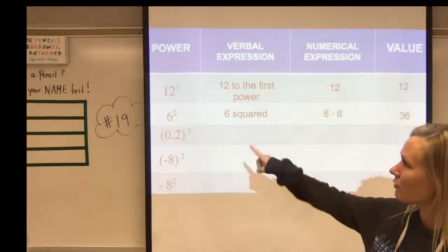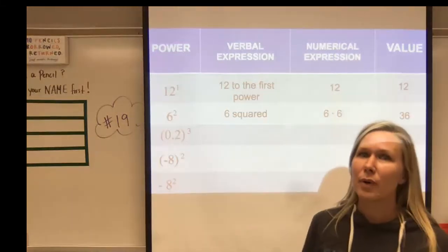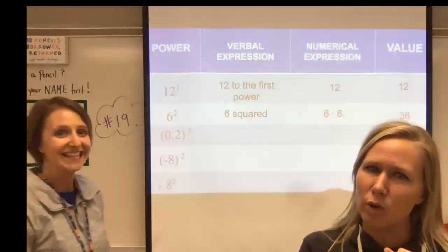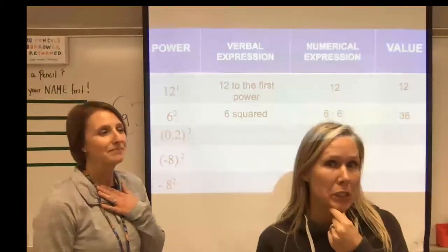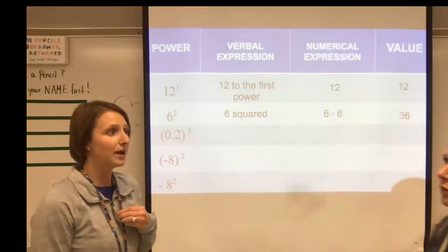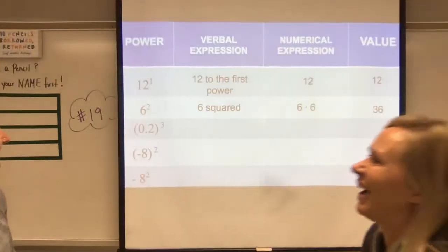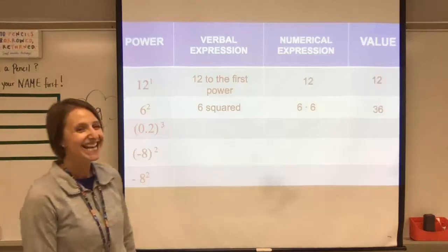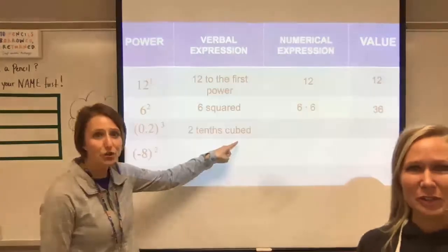All right, here we've got 2/10 to the third power. But what special mathematical word could we use for third power? Ooh, it's got 3 dimensions. Starts with a C and rhymes with tube. Cube. So we're looking for 2/10 cubed. Very good.